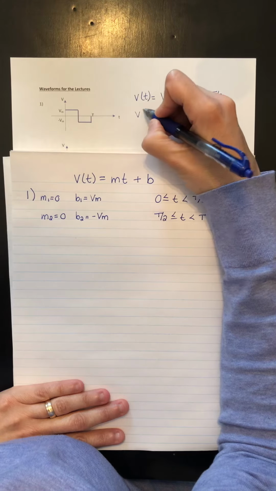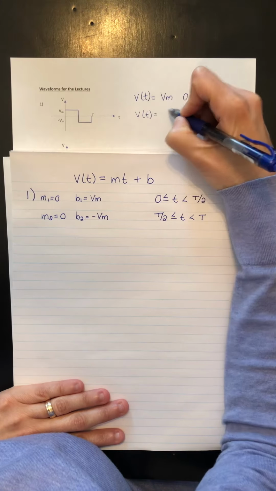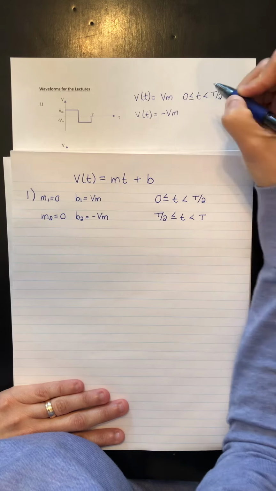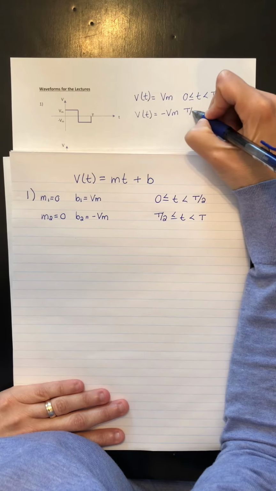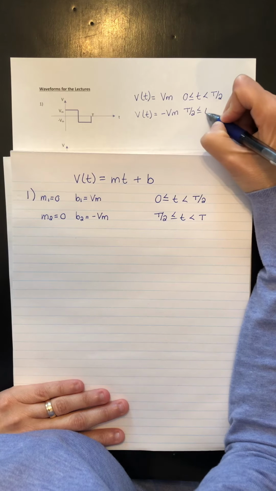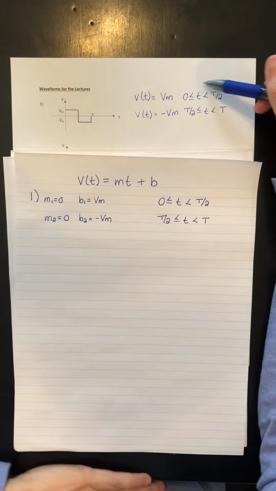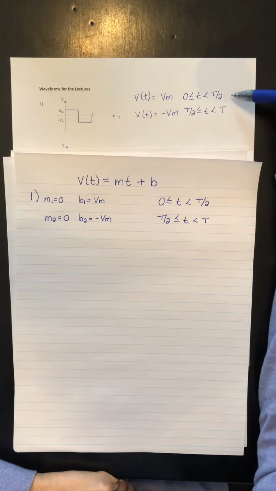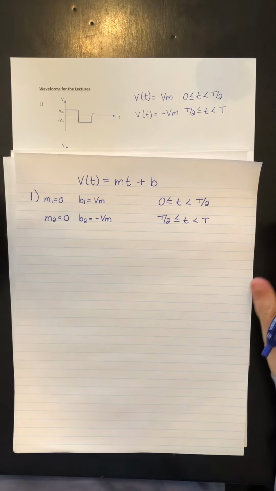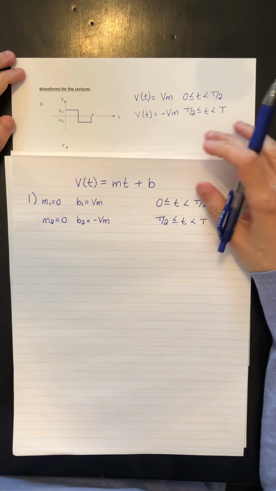And then V at t equals negative Vmax for the second half cycle. Okay, so this is information about the domain. All right, let's go ahead and look at the second one.